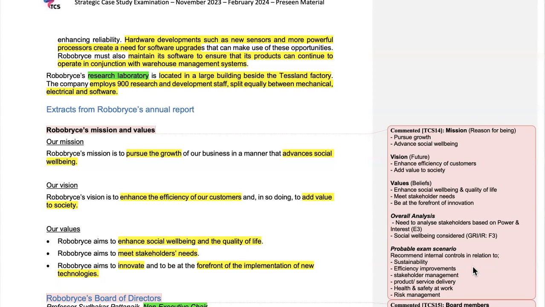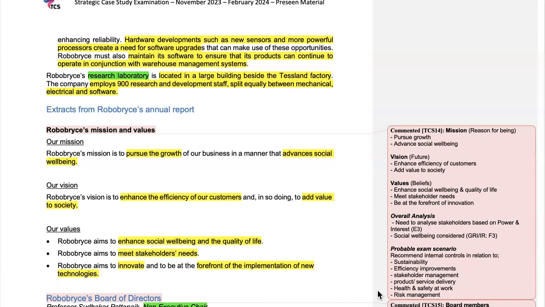So be ready to recommend internal controls pertaining to achieving sustainability, improving efficiency, managing stakeholders, improving the quality of product or service delivery, ensuring health and safety at work, as well as controls pertaining to the overall risk management initiatives of the company, which will also be tested at your exam. Again, these areas are covered within our mock exam.